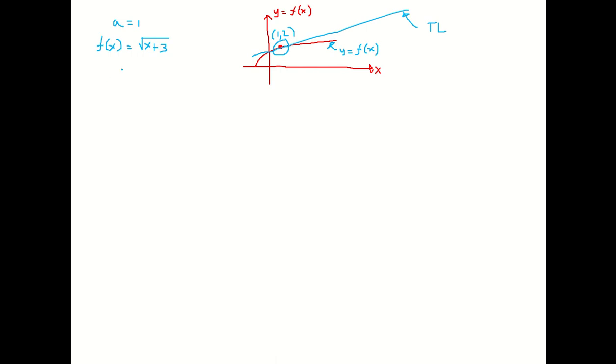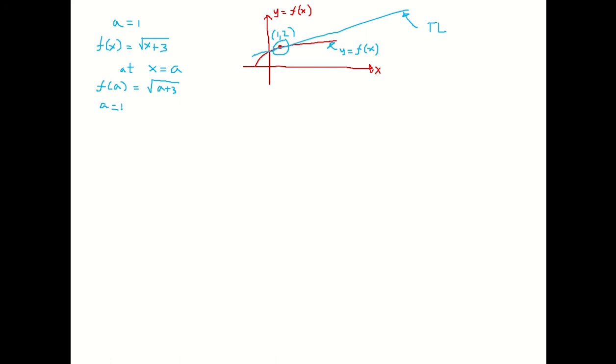Now at x equal to a, our function becomes f of a equal to square root of a plus 3. And in our problem, we are given a equal to 1, right?